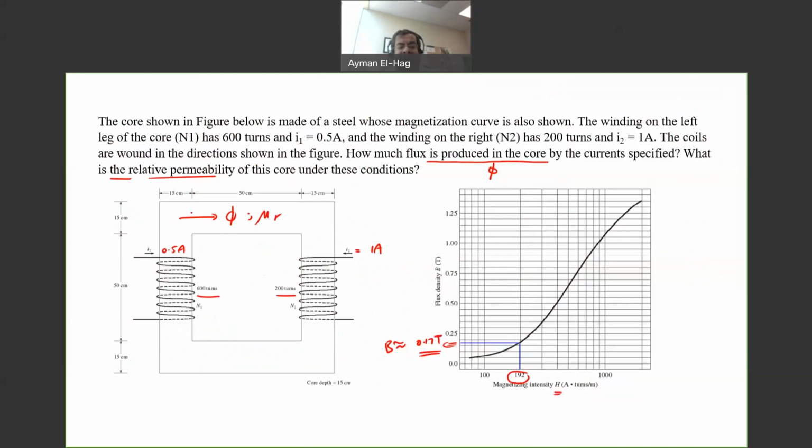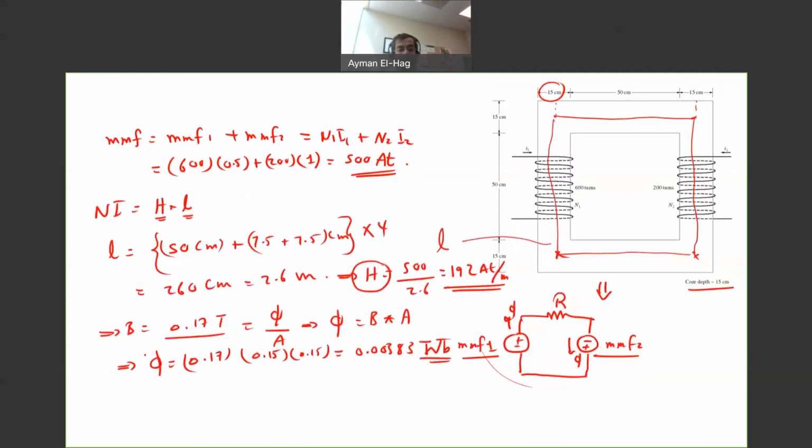Then we want to find the second thing, the relative permeability. Now we know B and we know H. Mu is basically equal to B divided by H, which is 0.17 divided by 192, and this is equal to 8.854 times 10 to the minus 4.